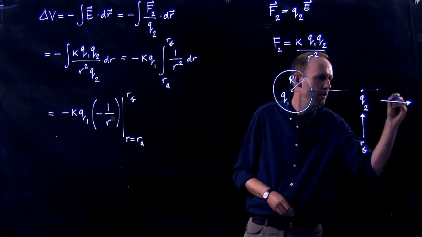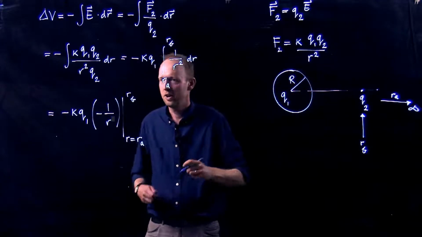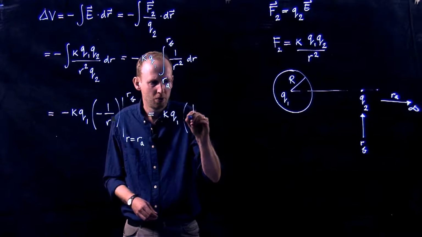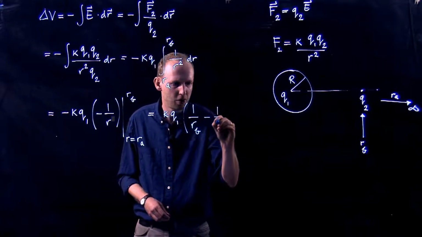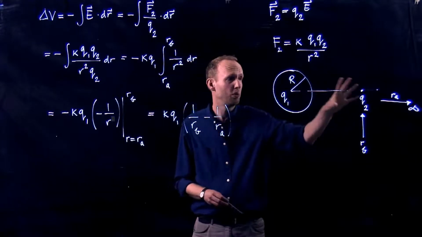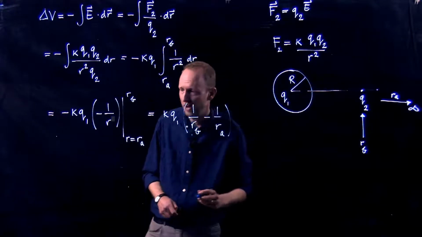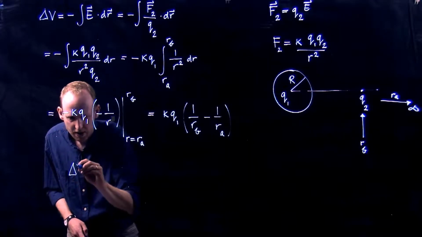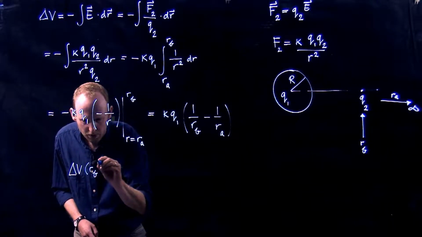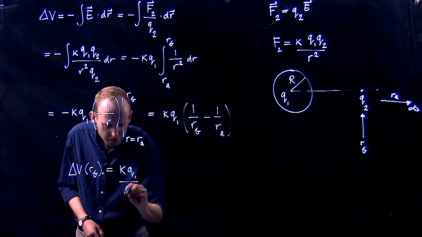So if I write this out as K times Q1 times 1 over RB minus 1 over RA, this second term will always be 0, because we always define the potential with respect to infinity. In other words, the potential felt by a charged particle at a location RB will be simply K times Q1 divided by RB.